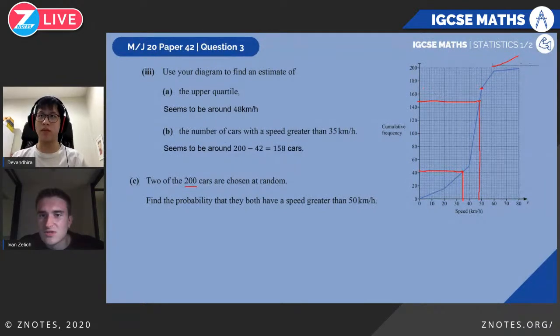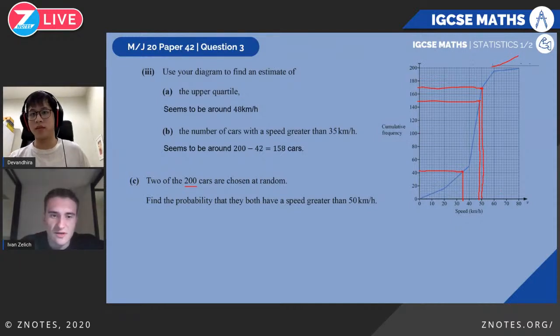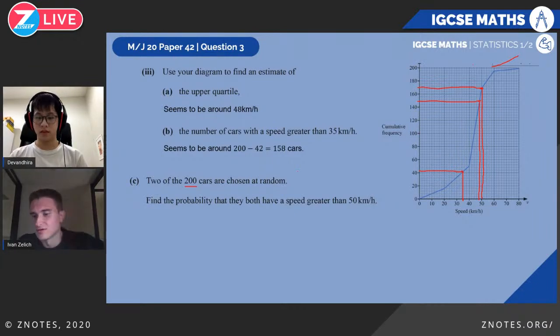So it seems to be about 170 right there. So it seems to be at 170. So 170 cars have a speed less than 50. So 200 minus 170 have a speed of greater than 50. So it seems like the probability is 30 on 200.